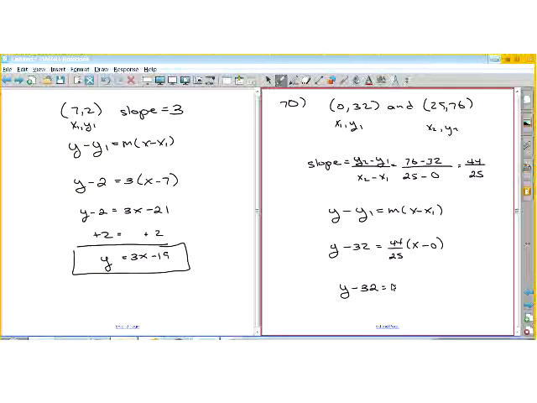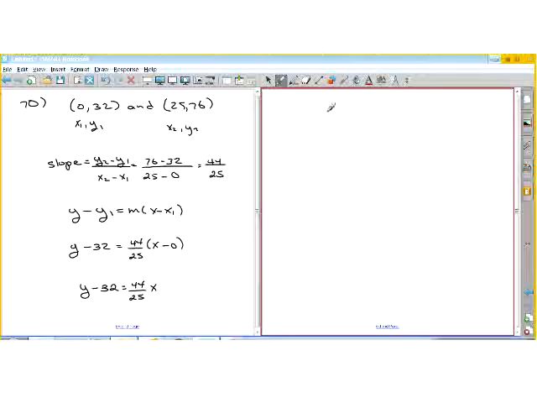So we get rid of the parentheses, and then you're going to add 32 to both sides. And that's your final answer.